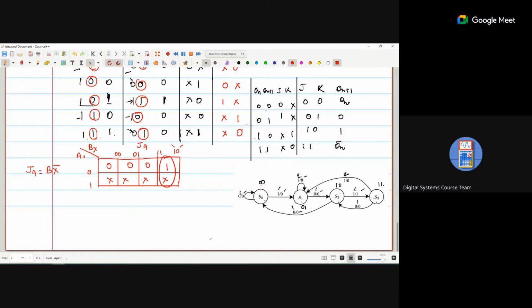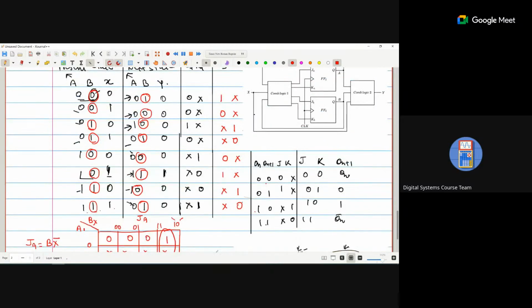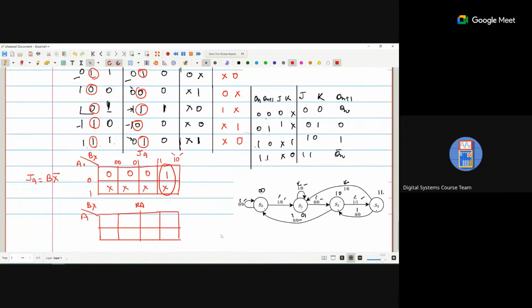J is nothing but B X bar. Okay. Now similarly we draw the K-map for K. Again A, B and X for K. Now this is K. So cross, cross, cross, cross. Second is 1, 0, 0, 1.